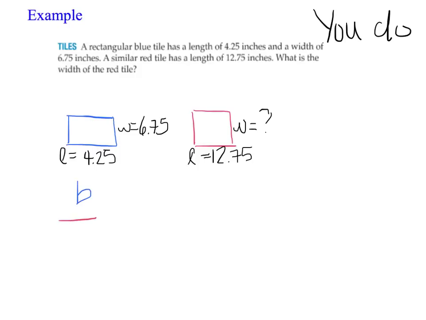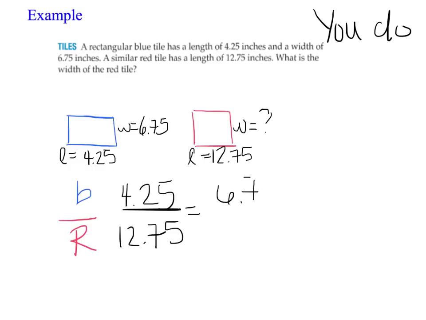Okay, so our blue length is 4.25. Our red length is 12.75. Our blue width is 6.75. And we're trying to find that width. So we do some cross multiplication, and 12.75 times 6.75 is 86.0625.